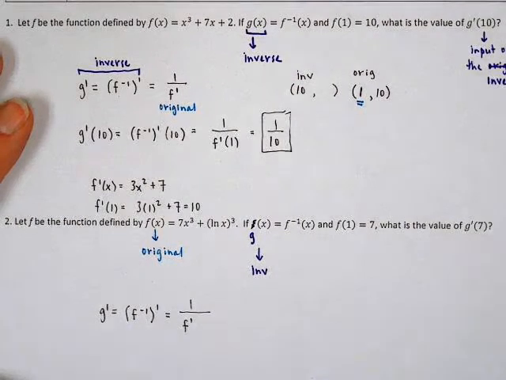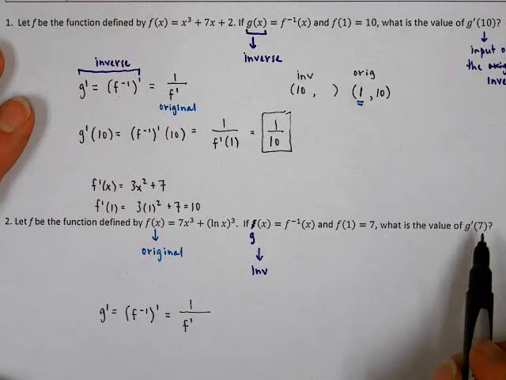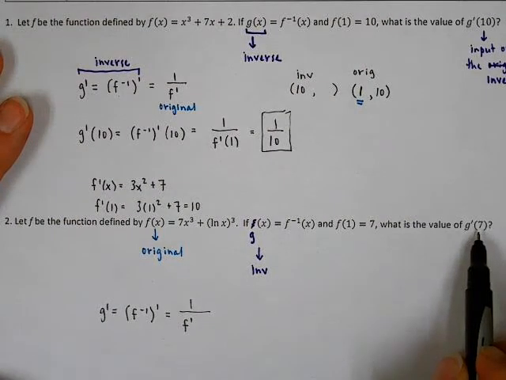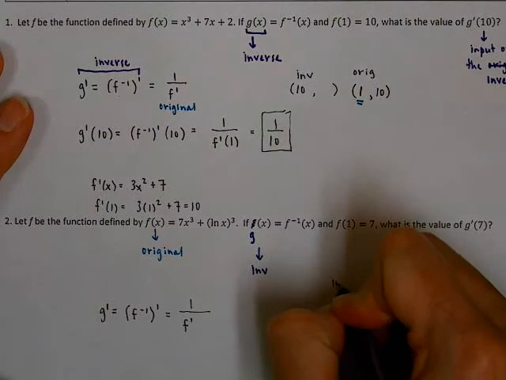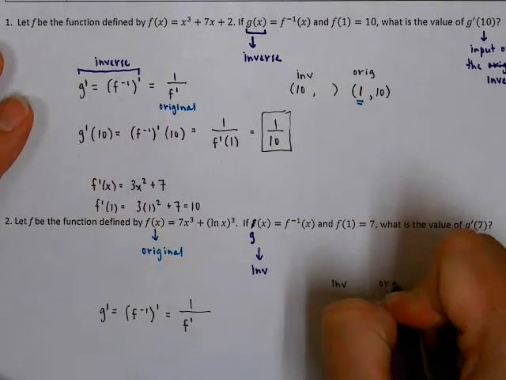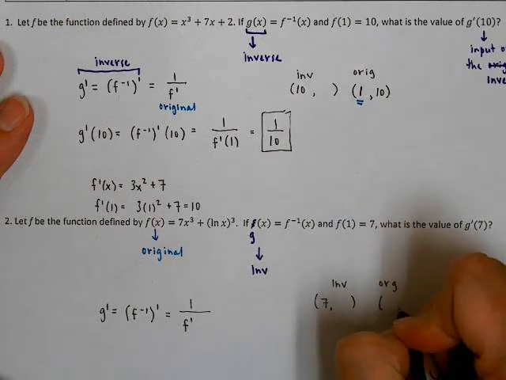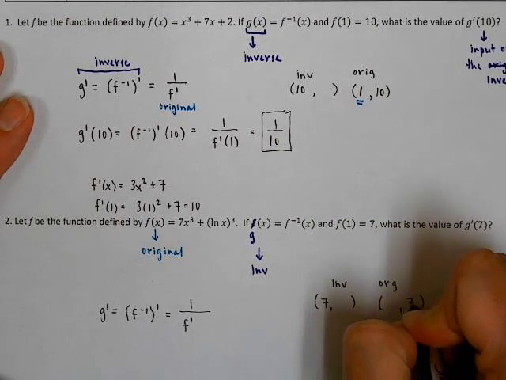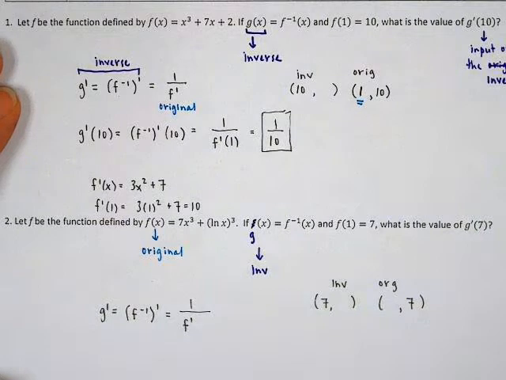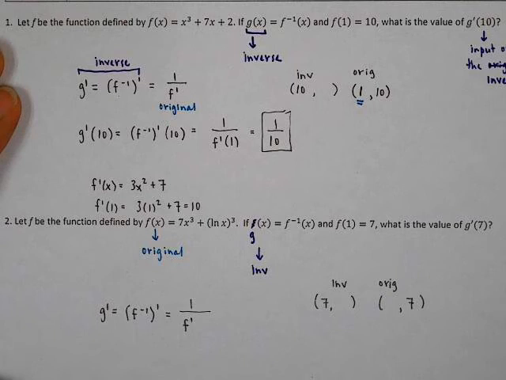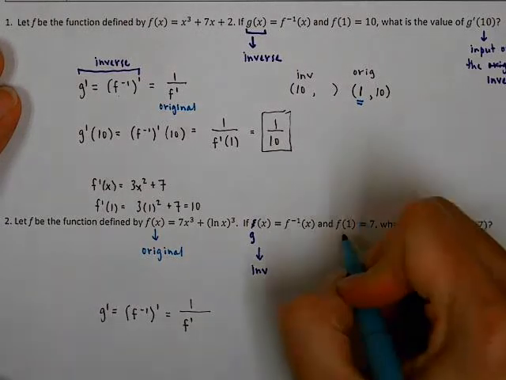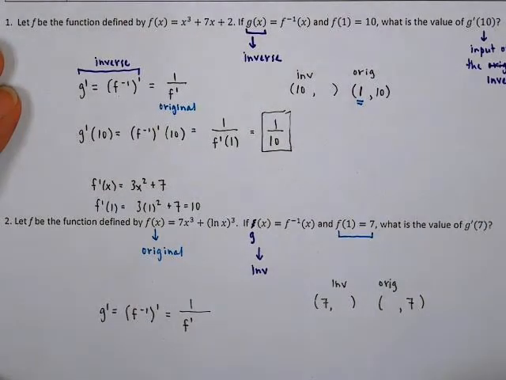Now, this problem is giving me some information. Again, I know my input to my inverse is 7. So I have 2 points, I have my inverse and my original. I know my input of the inverse is 7, which means that should be the output of my original. We said f is the original, so this is a point on my original function.